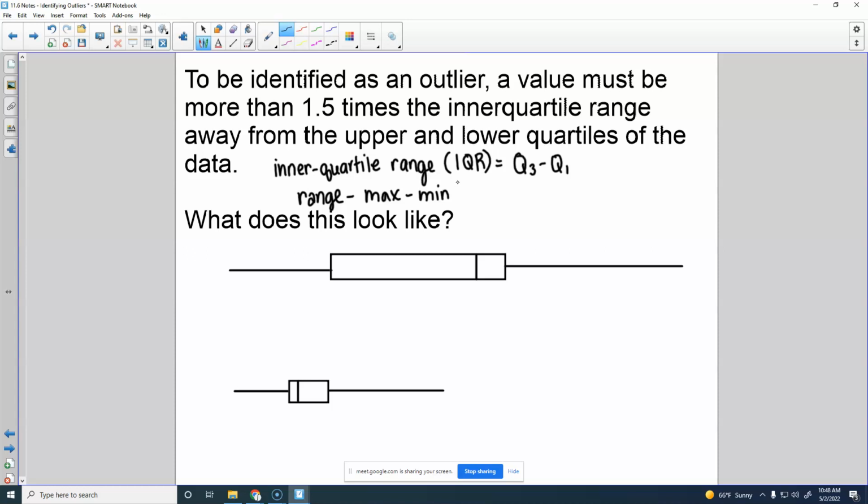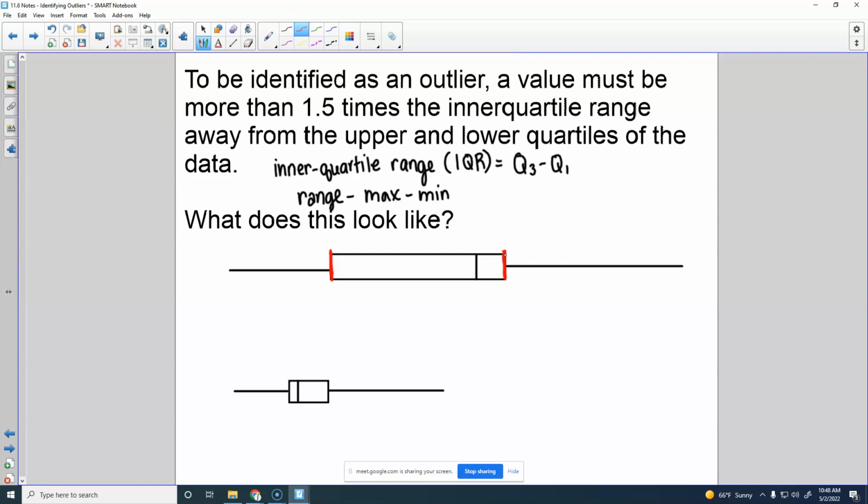But if we looked at the interquartile range, it probably would not change that much, right? Because when we're looking at the interquartile range, we're just looking at the third quartile minus the first quartile. It's the length of your box on a box plot.